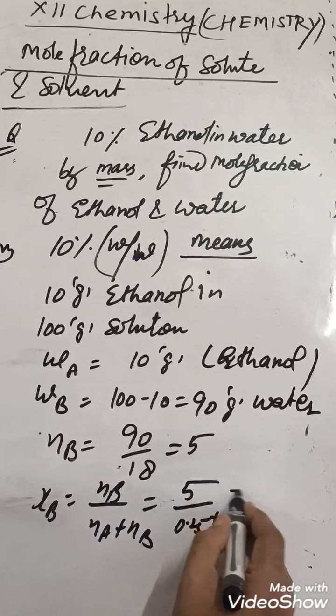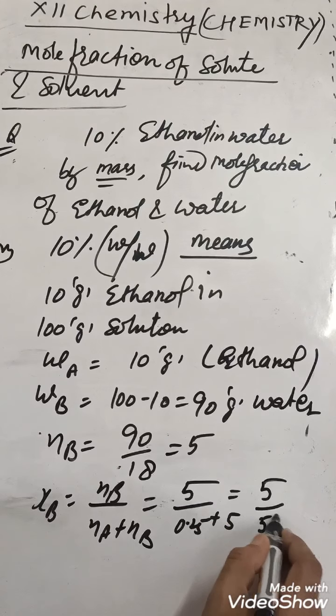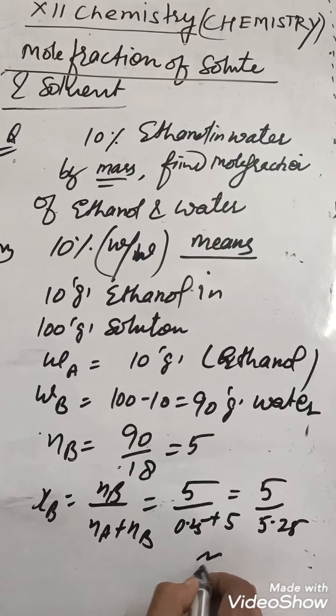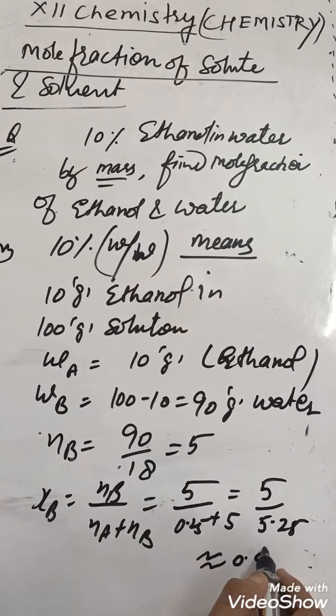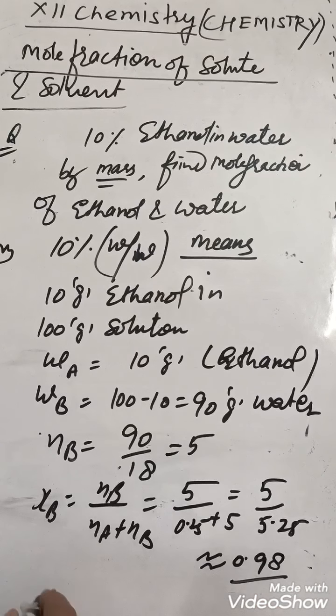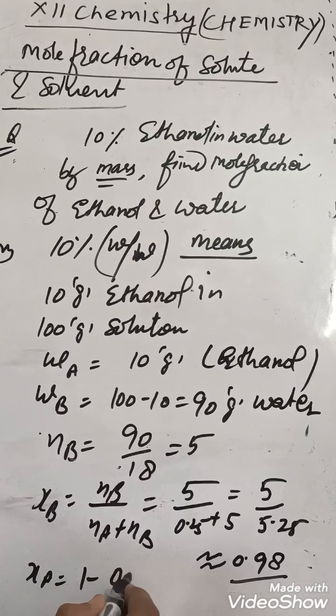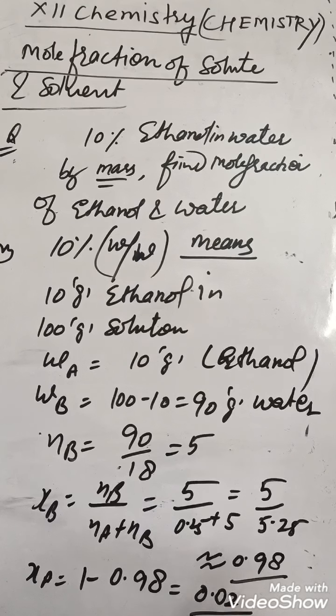So it is equal to 5 upon 5.25, that is approximately 0.98 something. So XA will be 1 minus this, 1 minus 0.98, that is 0.02. You can find it out.